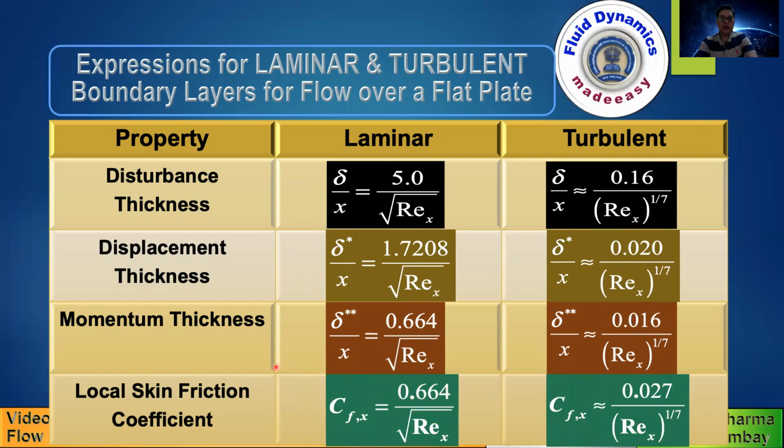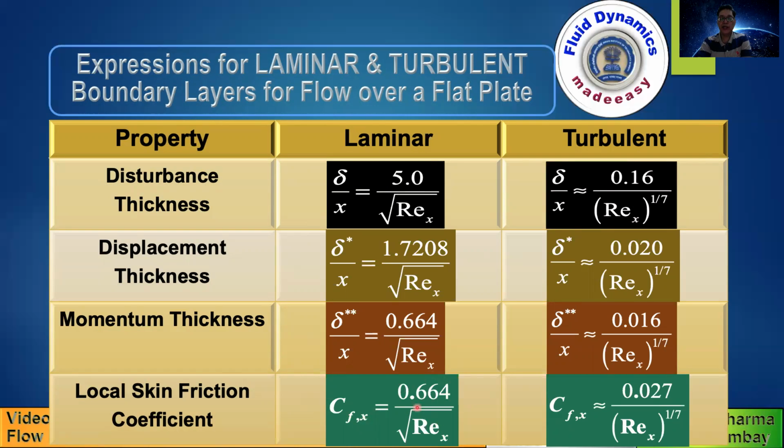The local skin friction coefficient is the non-dimensional local wall shear stress, which varies along the length of the plate. As I mentioned in the previous slide, it is inversely proportional to the square root of the Reynolds number.